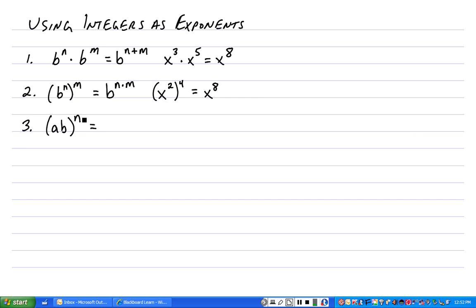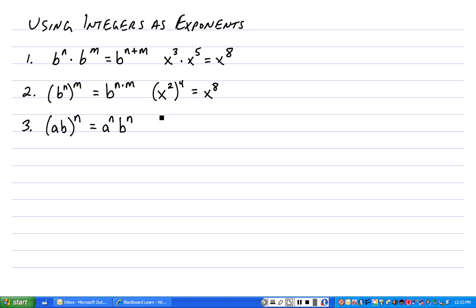And what they want you to understand is that these two factors, the a and the b, are being raised to the same exponent. So that's like distributing the exponent amongst the factors of this product. So a gets raised to the n and b gets raised to the n.